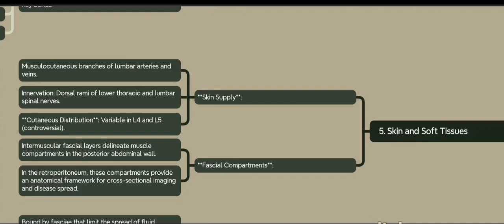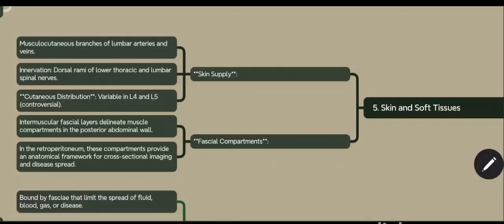The innervation is by the dorsal rami of lower thoracic and lumbar spinal nerves. The cutaneous distribution is variable in L4 and L5.